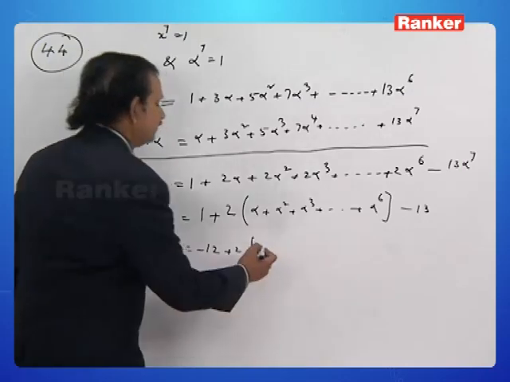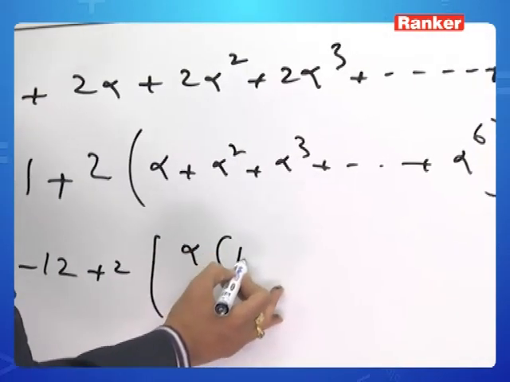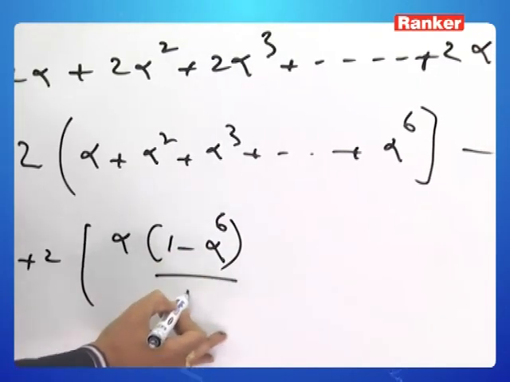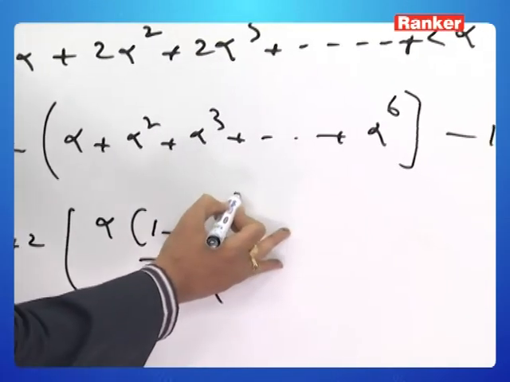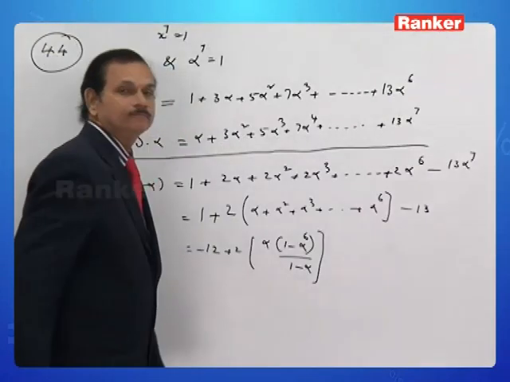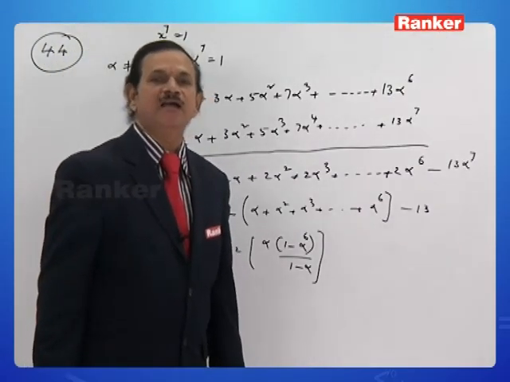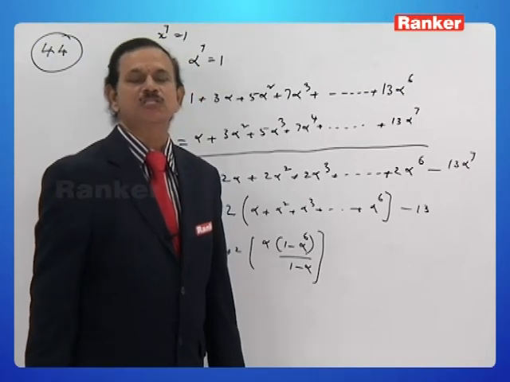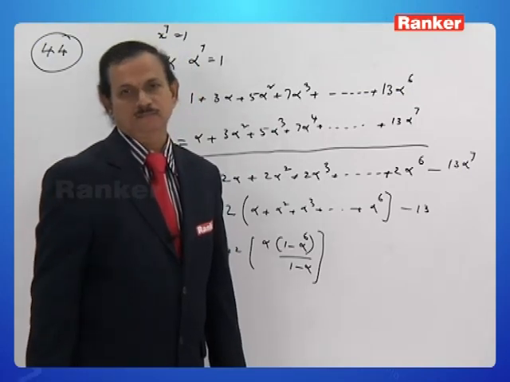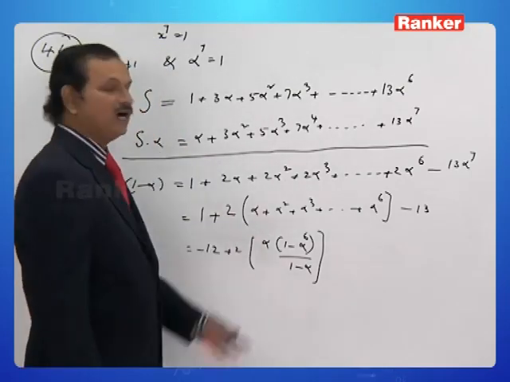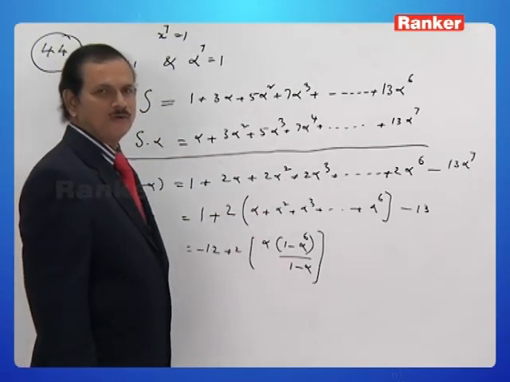What is the answer? A into 1 minus R power n by 1 minus R, isn't it? I have made use of the formula to find the sum to n terms of a GP. A is the first term and R is the common ratio. What is the first term here? Alpha. What is the common ratio? Alpha.